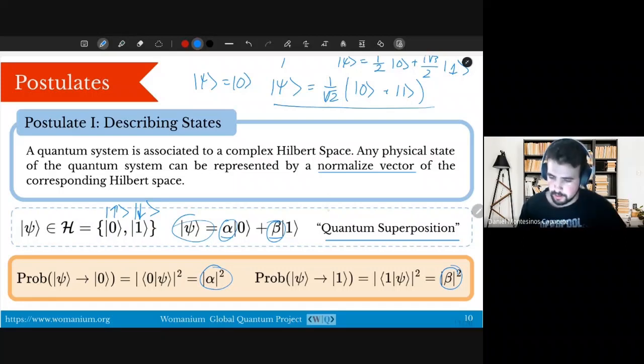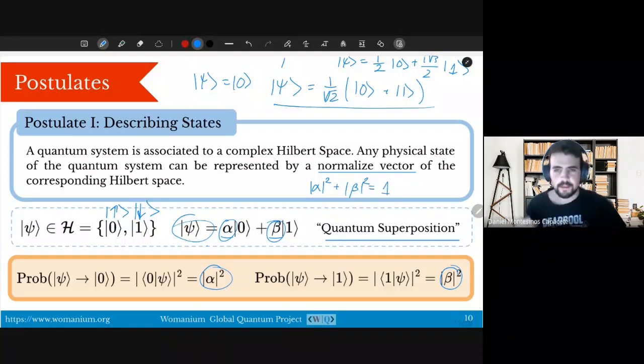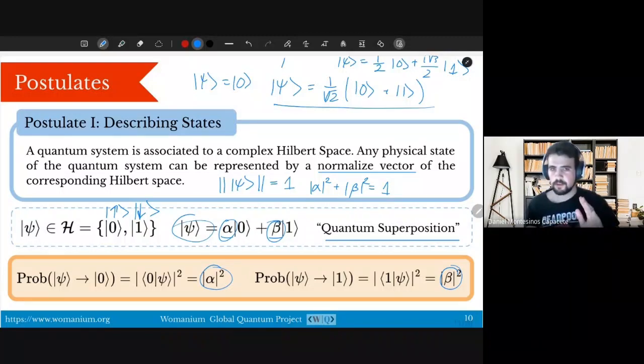So it's important that I write it here: modulus alpha squared plus modulus beta squared is one. And this is basically telling us that the norm of this vector must be equal to one. That's exactly the same. So normalization of the vectors in your space has to do with having proper probabilities.